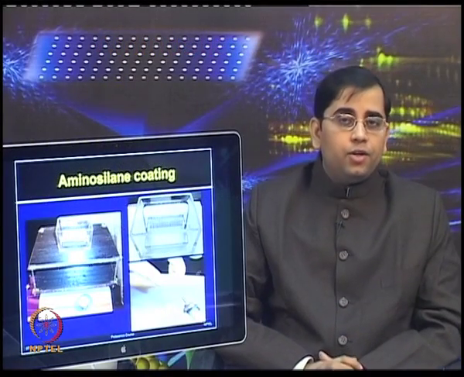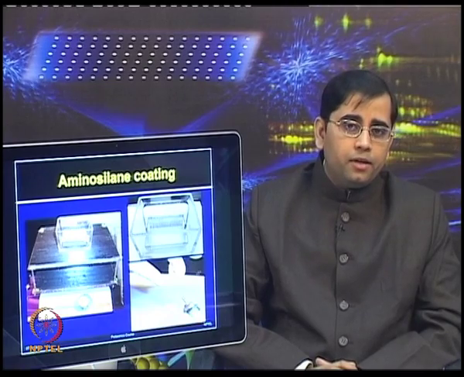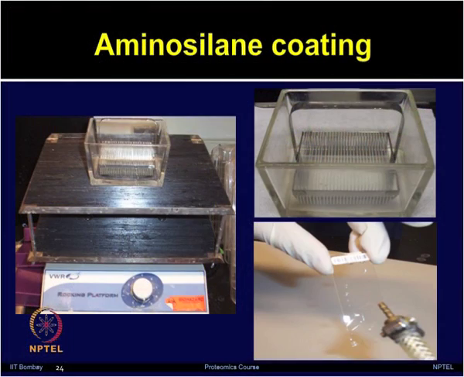In this slide, I have shown you various steps involved in performing aminosilane coating. On the left side, a rocking shaker is there, in which a glass tray contains a metal rack containing 30 slides. On the right side, in the insert, you can see those 30 slides are placed in the metal rack, which is submerged in the aminosilane solution.